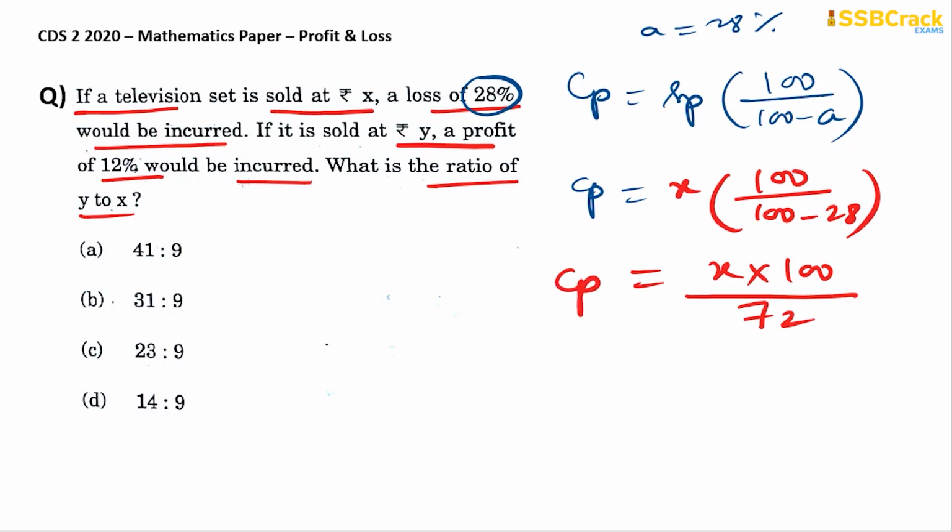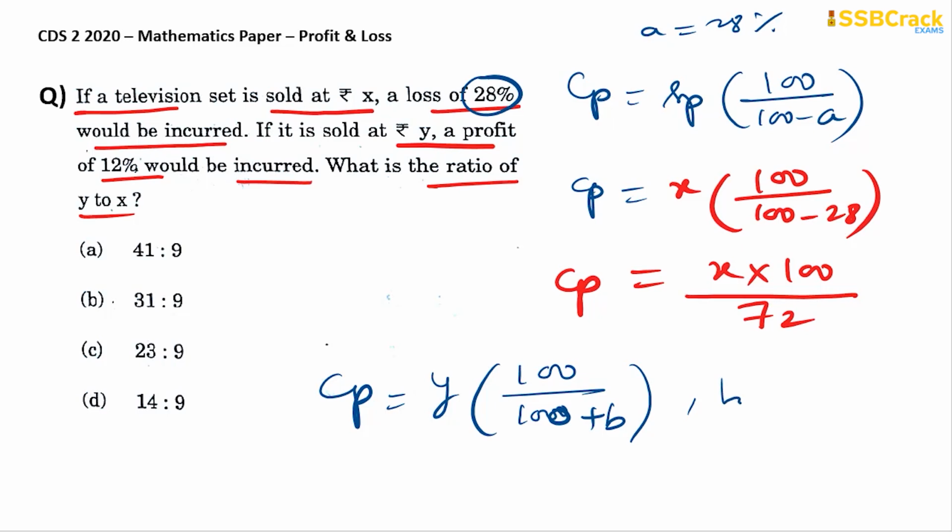But we also know that if it is sold for rupees Y, then the CP becomes Y times 100 upon 100 plus profit percent. When it is profit, here it is 12%. So here I'll take B, where B is known to us as 12%, right? So CP in this case becomes Y times 100 upon 112.